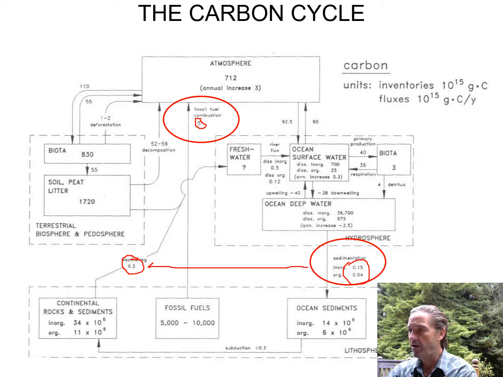Both of them are very low, and they're pretty much balancing each other out. So what we have on a yearly basis is this flux of carbon from fossil fuels entering the biota, the hydrosphere, and the atmosphere. And it's continuing to build.